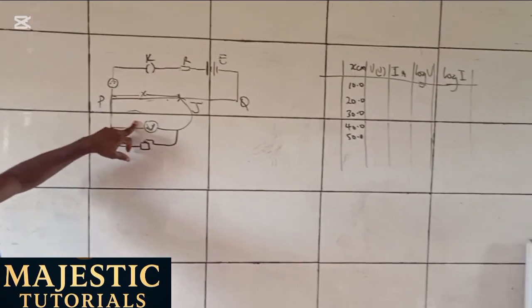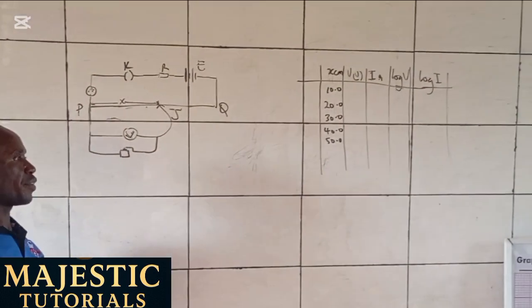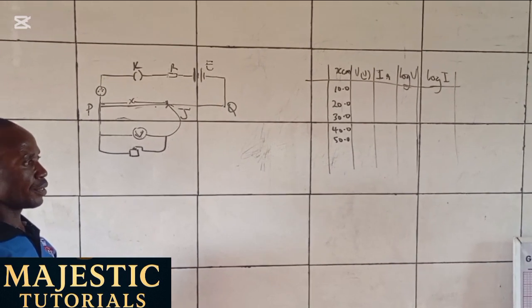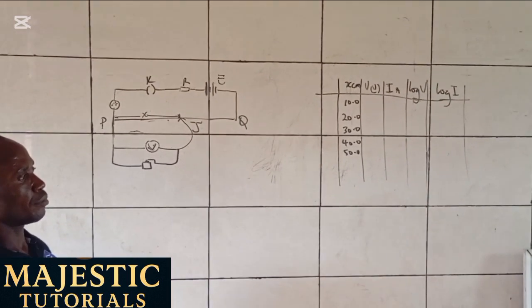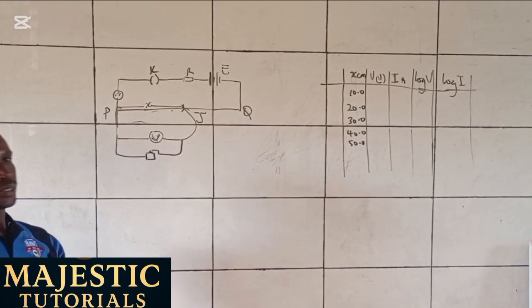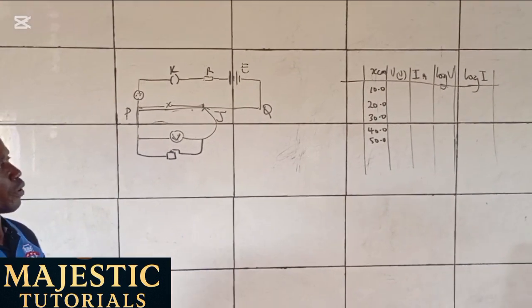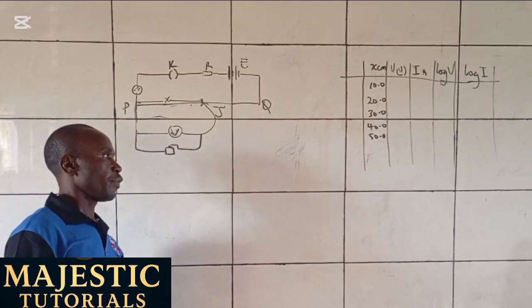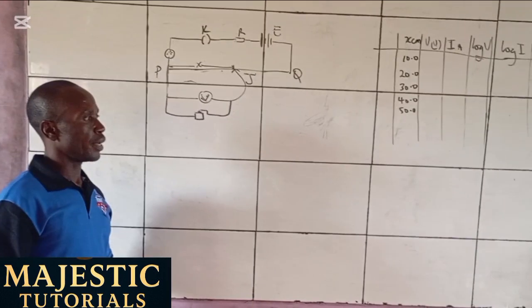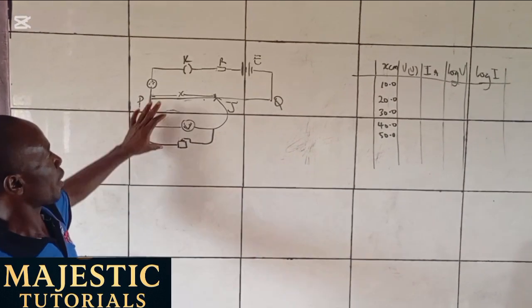Now, look at this also. The voltmeter, because it's a device of high resistance, is never connected in series during experiments. If you do that, it's going to inhibit the flow of current. Therefore, for every apparatus, voltmeter is normally connected in parallel.